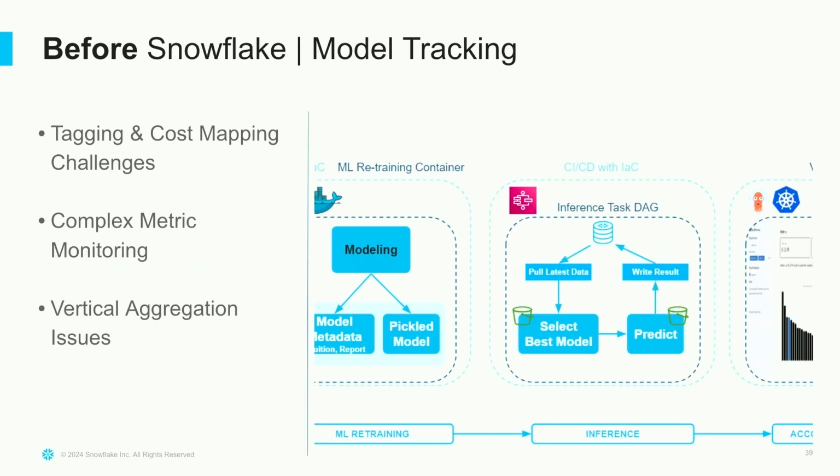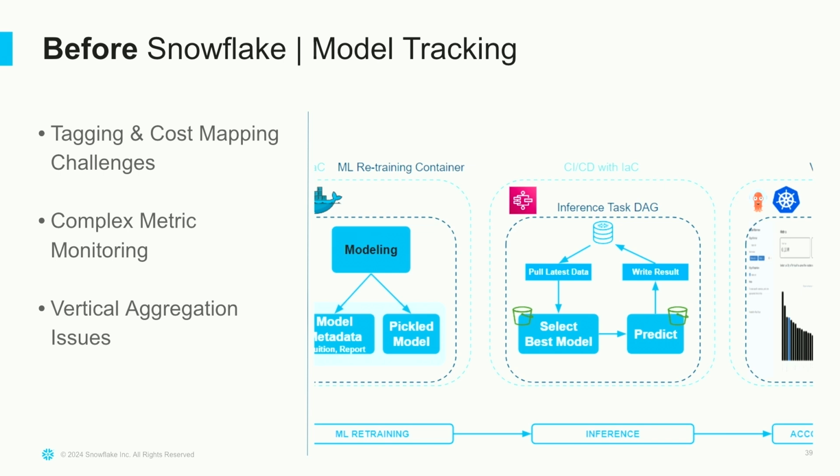Zooming in on the specific model tracking and model governance piece, we did try to solve it before even going out there and trying different MLOps platforms. We tried to build our own cost mapping and tagging, storing all the model metrics that we were building in S3 and here and there.